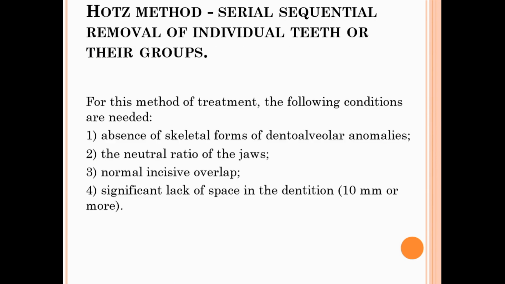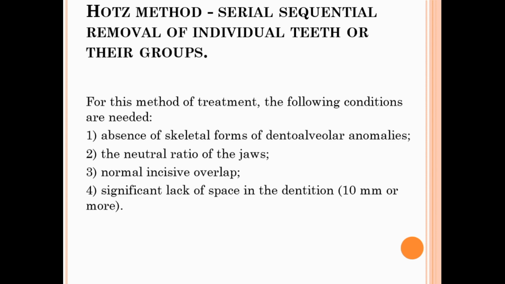Hotz method: serial sequential removal of individual teeth or their groups. Hotz named his method management of teething by extraction. For this method of treatment, the following conditions are needed.